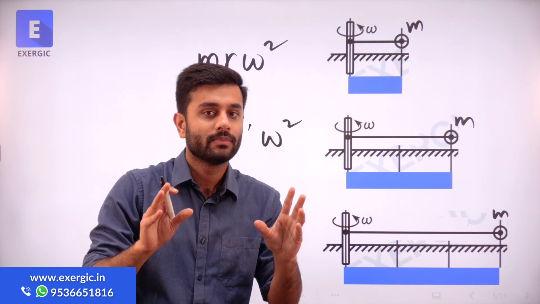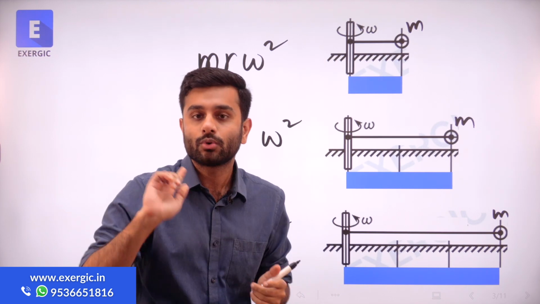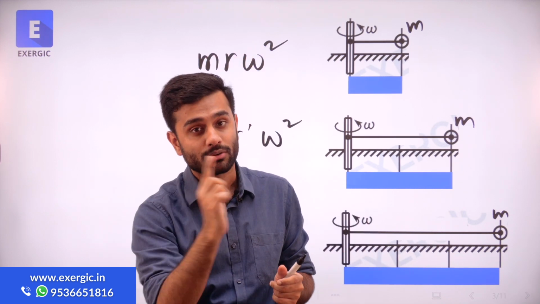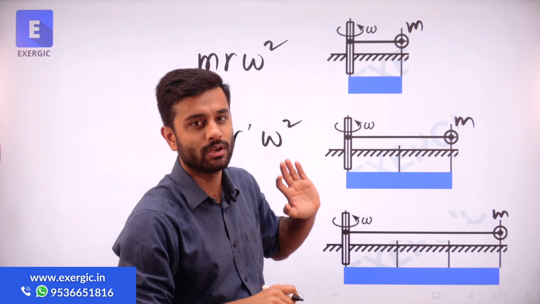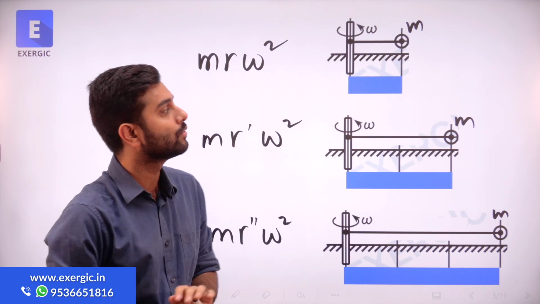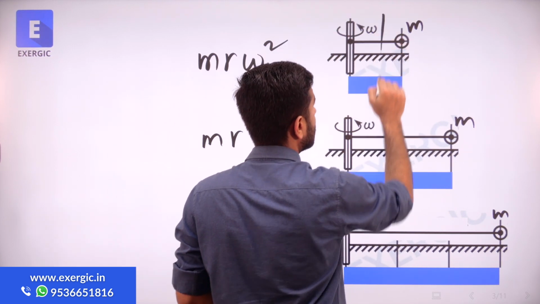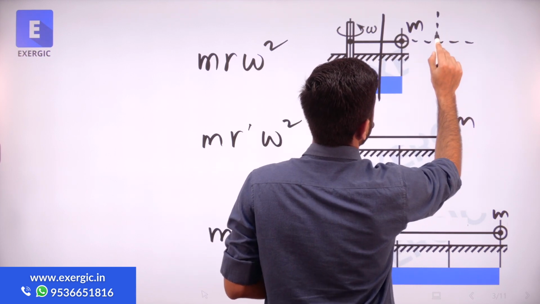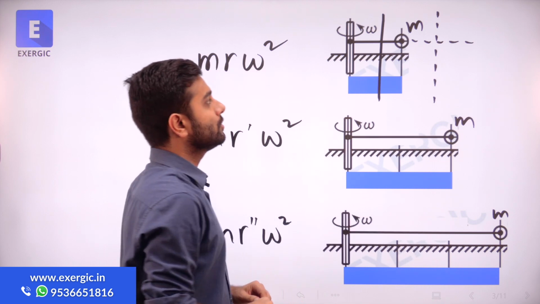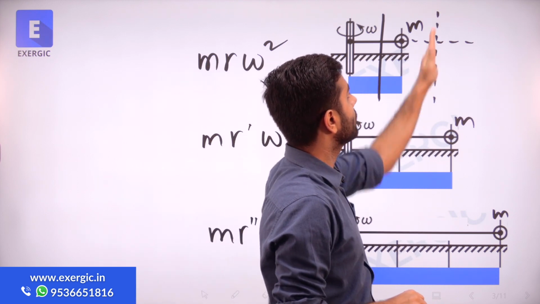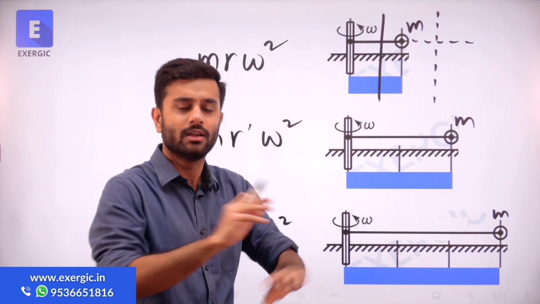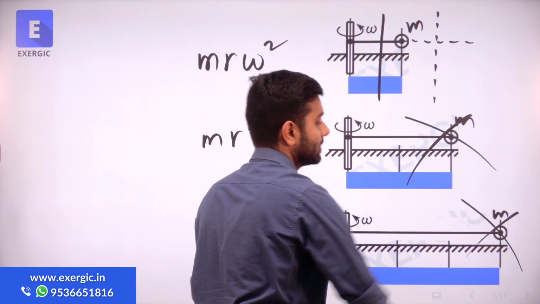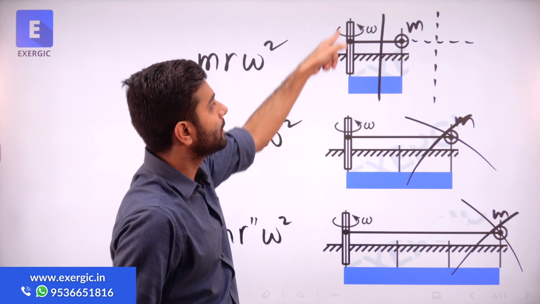Whenever there is a rotation occurring about the center, let's take the simplest case only. The centrifugal force will definitely be felt here. But if I draw an imaginary line and take an imaginary section here, do you think centrifugal force will be felt here? Only look at this. Forget this question, forget everything about this question. There's no other mass, only a single mass rotating about the center.